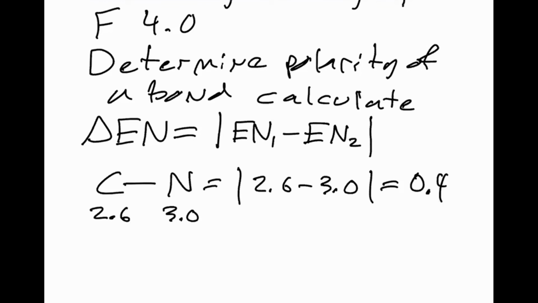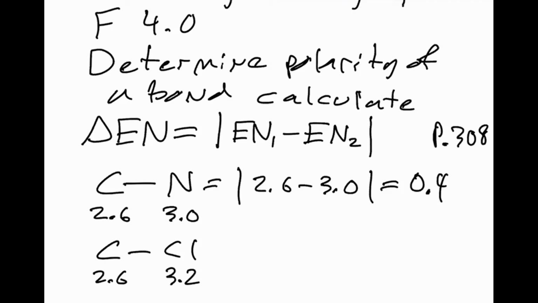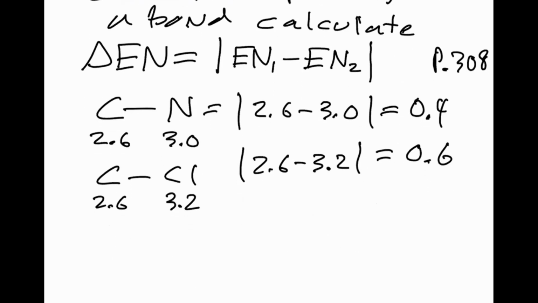We can do some other ones. Let's do carbon and chlorine. Carbon, again, the atom is always going to be the same. Carbon's always 2.6. Chlorine's 3.2. So what's the delta electronegativity there? 2.6 minus 3.2, so this would be 0.6. Let's do one that's really extreme. How about sodium and chlorine? Pretend like there's a bond.